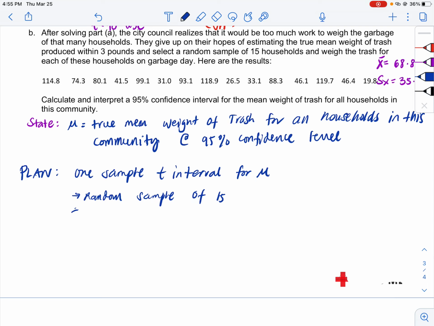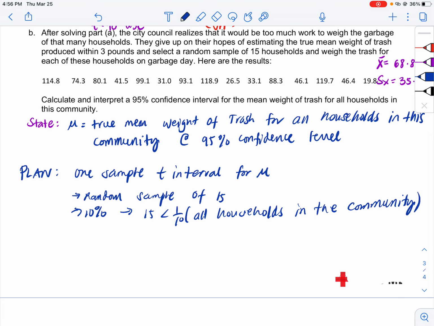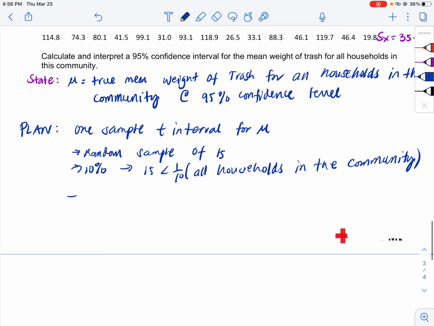Then the 10% condition: 15 is less than 1/10 of all households in the community. What else do we have? Normal.